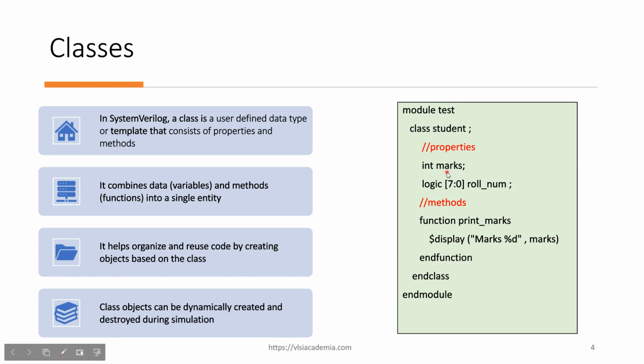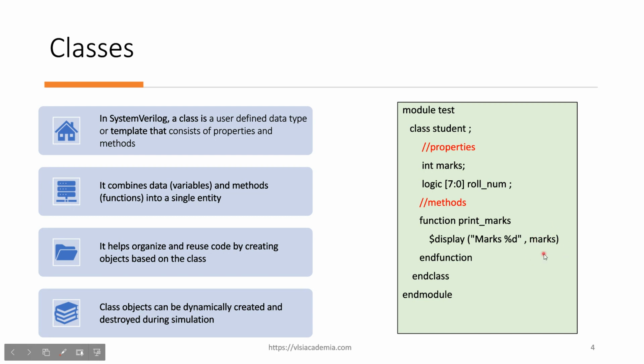Properties can be of any data type. Here we have defined marks of data type int and roll number of data type logic 8-bit. And now I have defined the methods, the behavior we want for this class student. Here I am defining function print_marks, which is basically just displaying the marks, which is the property field of this class student.